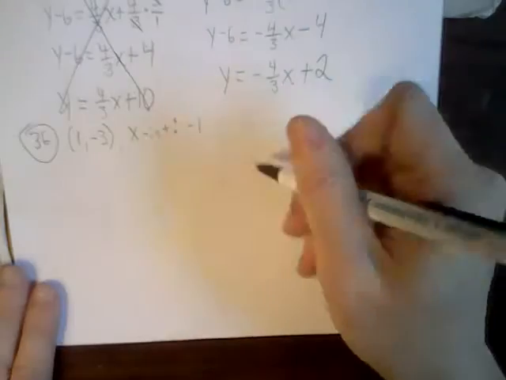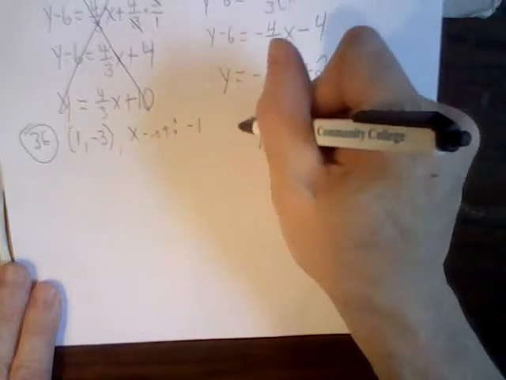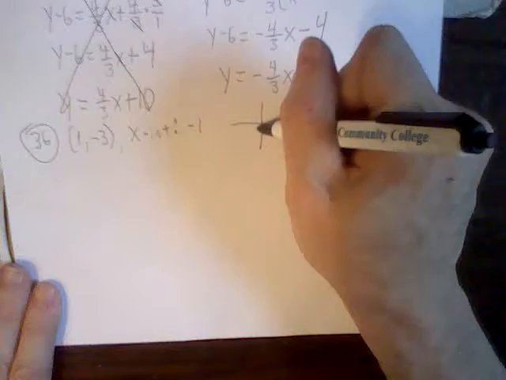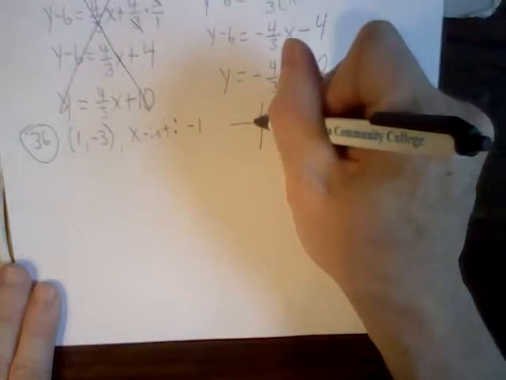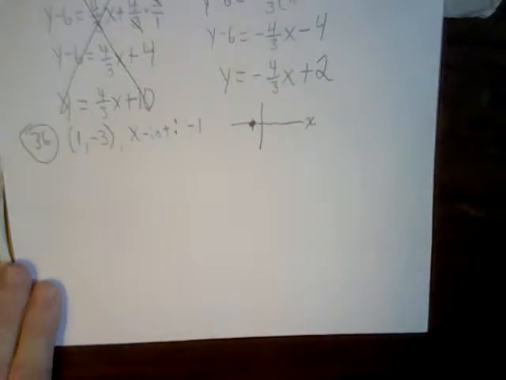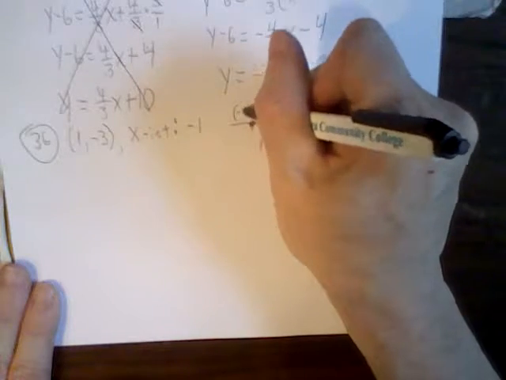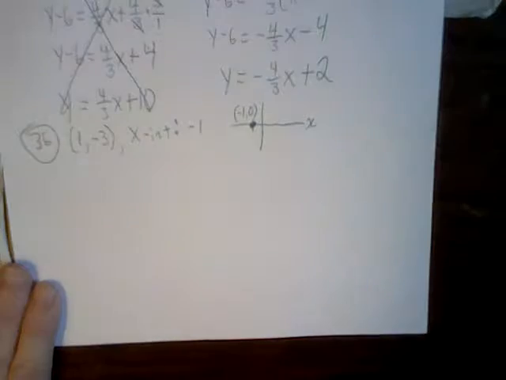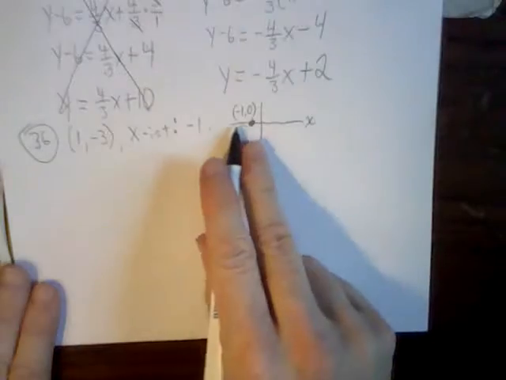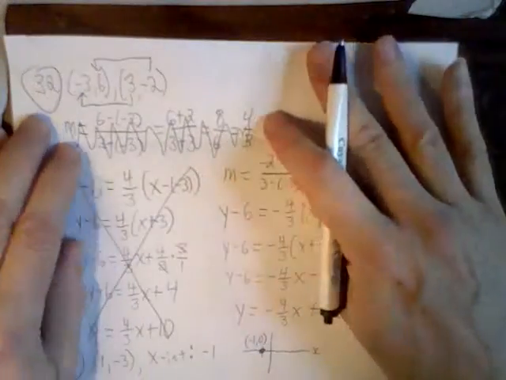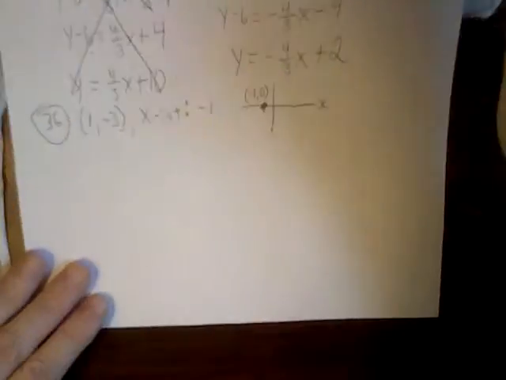The x-intercept is a place where the graph hits the x-axis. So this is our x-axis, and it's hitting right here. What is that point? Well, that point must be negative 1, 0. In other words, we have 2 points given to us, and it becomes a problem just like number 32.